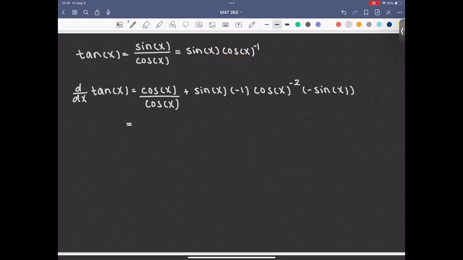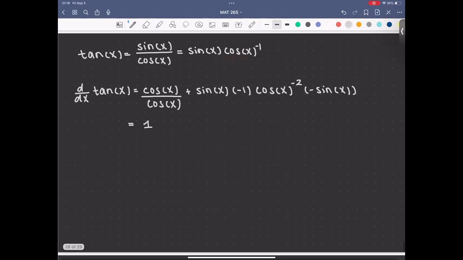Let's do a little bit of cleanup. Well, cosine of x over cosine of x is 1. It's going to be 1, and then minus 1 times minus, those minuses are going to multiply to positive. So now we have plus sine squared of x over cosine squared of x.